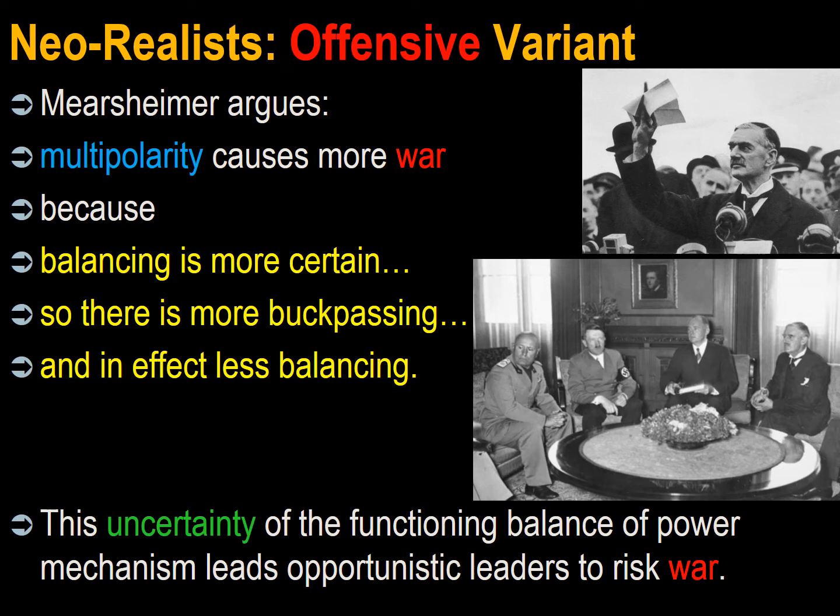So people that have no car insurance will drive a lot more carefully than people who do have car insurance. In a world where we can expect balancing, we ourselves are going to balance less and expect others to do the balancing, and in effect no one does any balancing. So the uncertainty of the functioning of the balance of power mechanism leads opportunistic leaders like Mussolini or Napoleon to risk war.